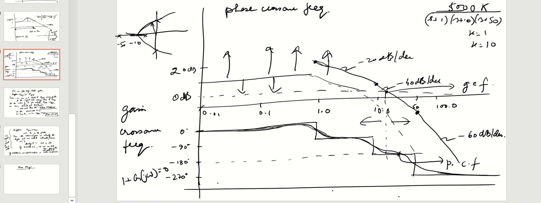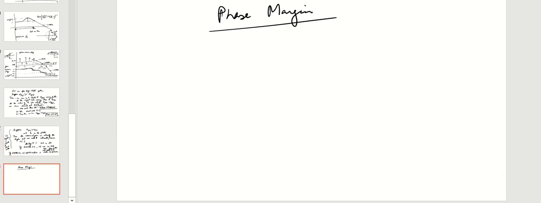If it moves further to the right, it is to our benefit. But if the poles and zeros change in such a way that the phase crossover moves to the left, that is detrimental to stability. So phase margin and gain margin are together indicators of the robust stability of the system in some sense.